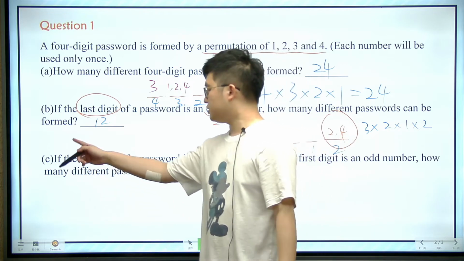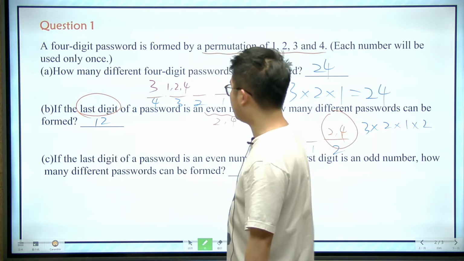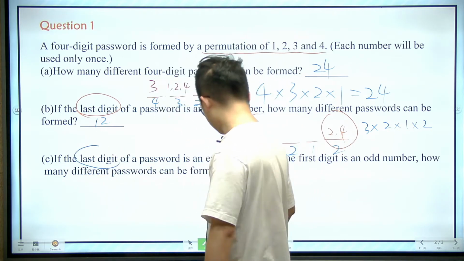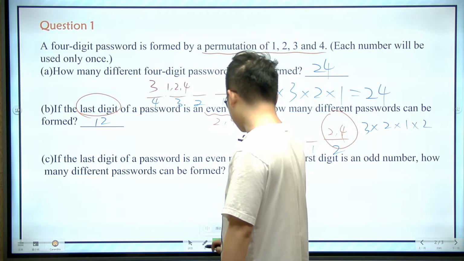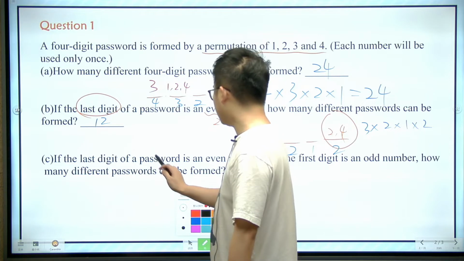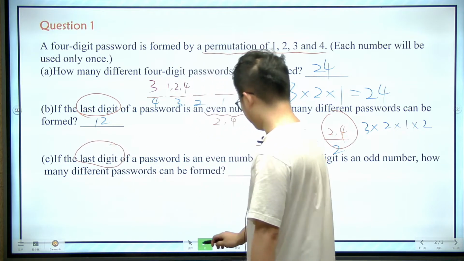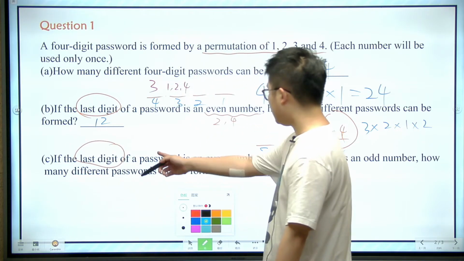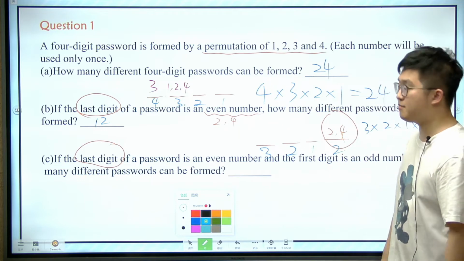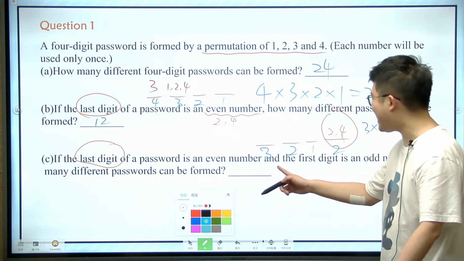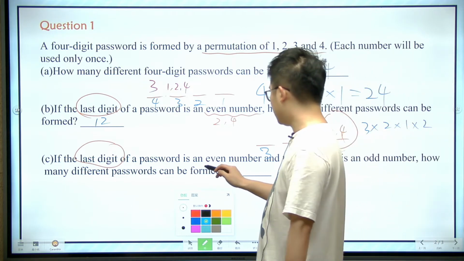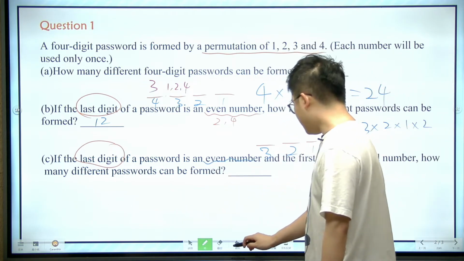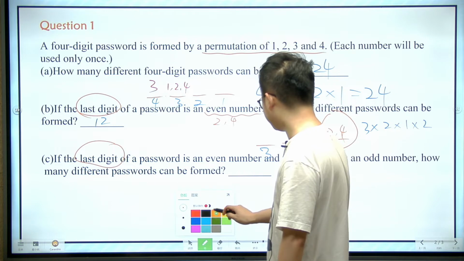So the third question: again we have special requirements for certain digits. The password is an even number, so an even number for the last digit, and the first digit is an odd number.